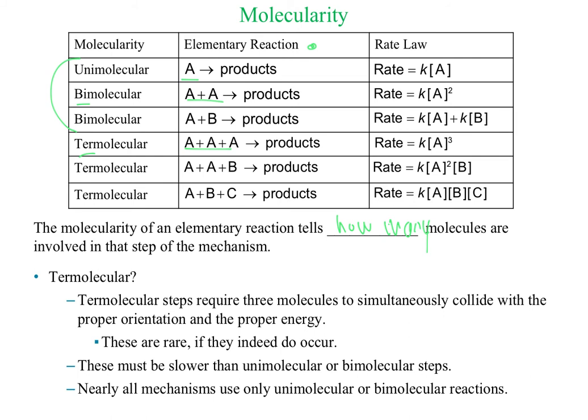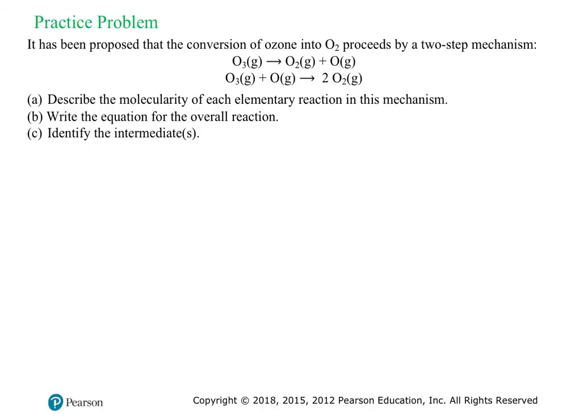So if you see something that looks like 3 reactants going in, like 2A plus B forms C, that is very likely not going to be happening in a single elementary reaction, but rather made up of a few different steps that are bi or unimolecular.